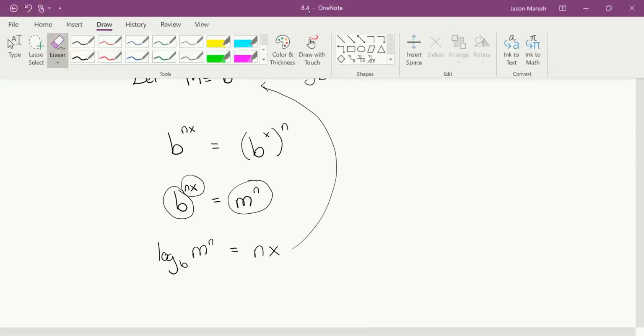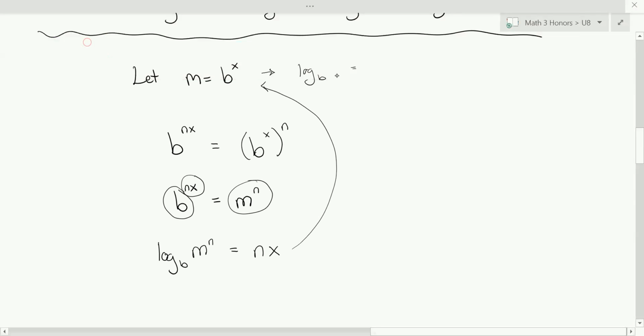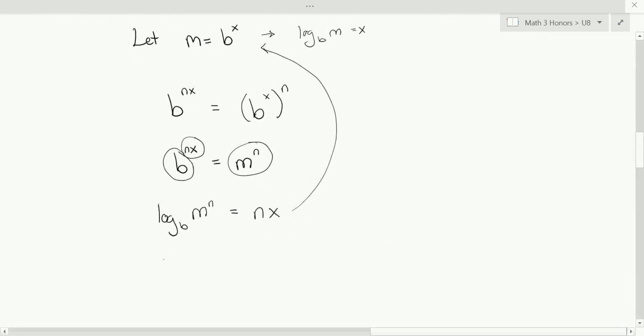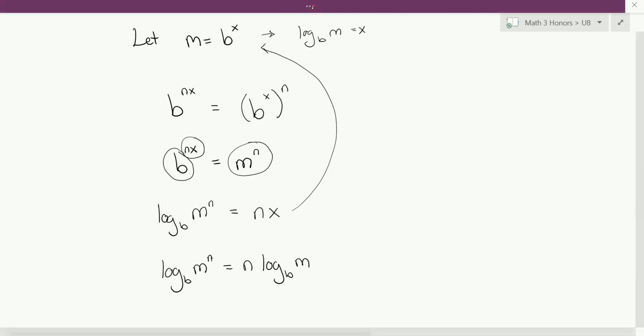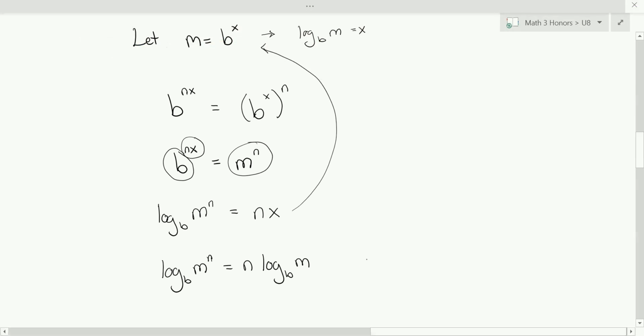Log base b of m is equal to x. And so I'm going to replace this x with log base b of m. And that's what we call our power rule. So here it is, log base b of m to the power of n is equal to n times log base b of m.